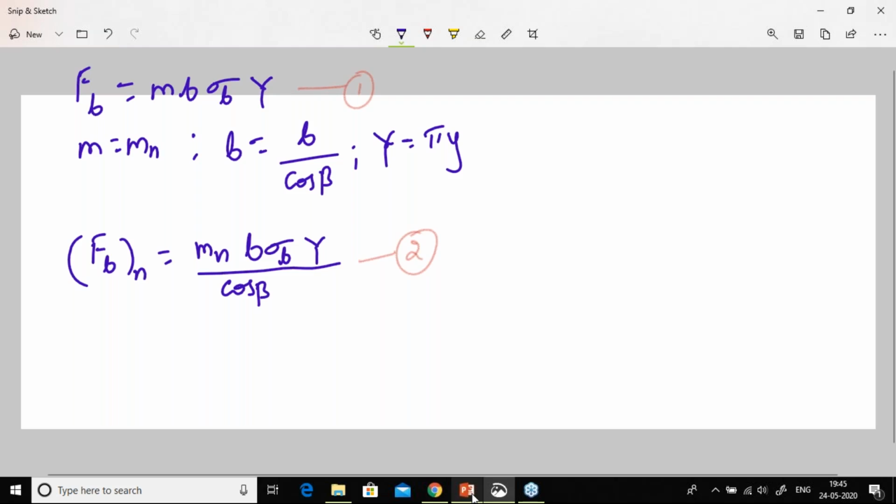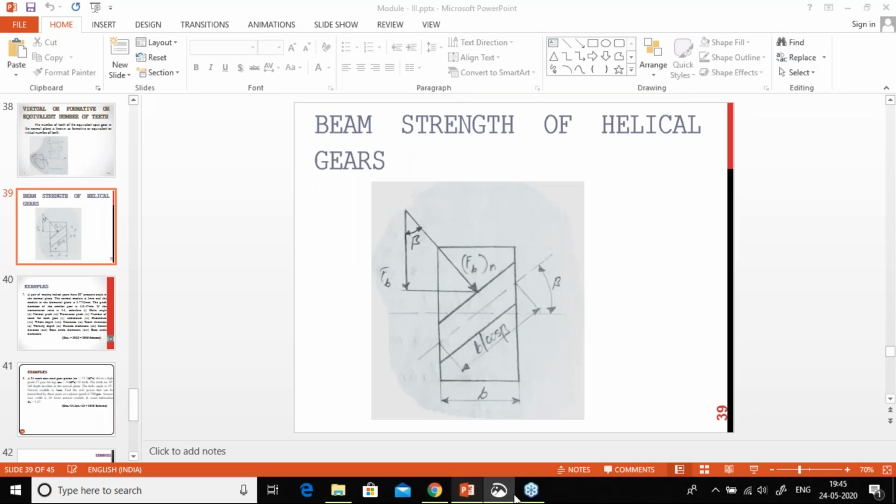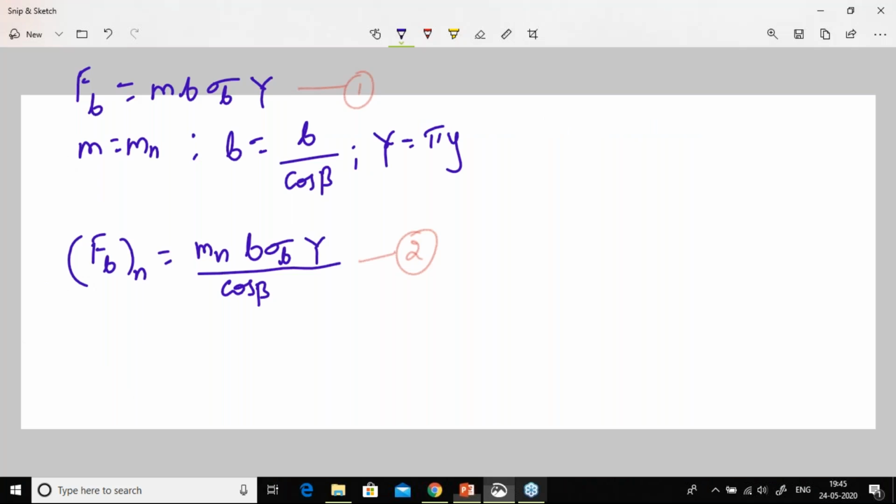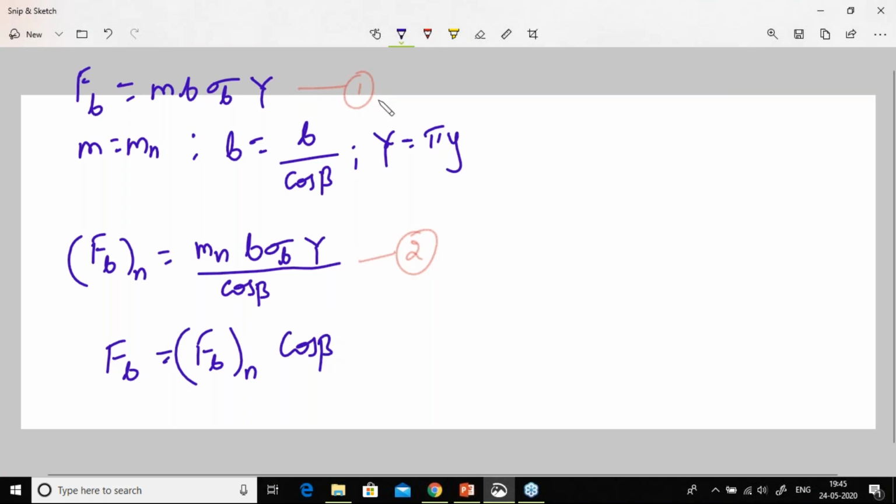Now in this diagram, FB is the component of FBN in the plane of rotation. So we can write FB as FB is equals to FBN into cos beta. So call this as equation number 3.